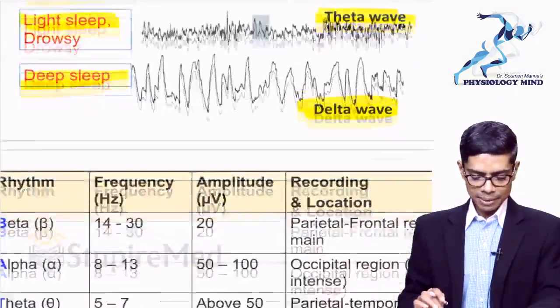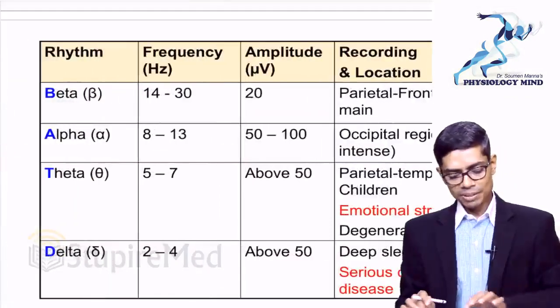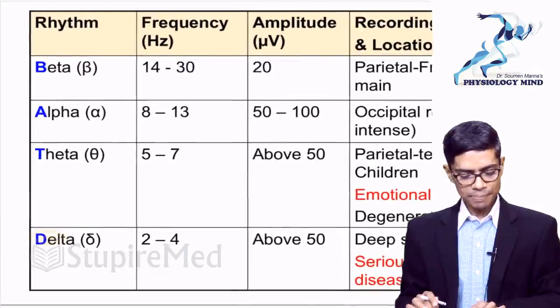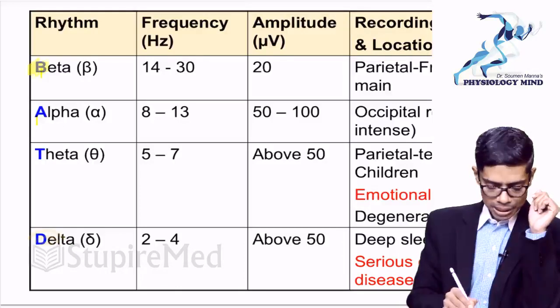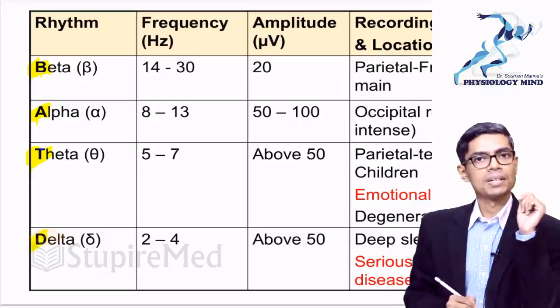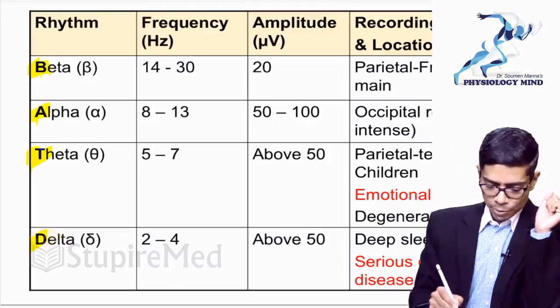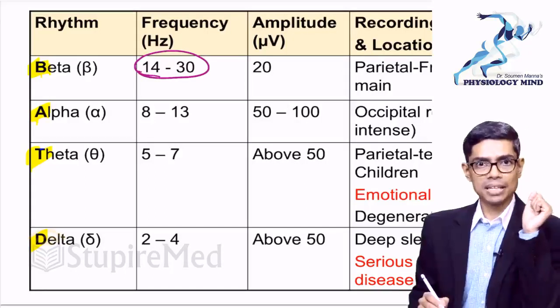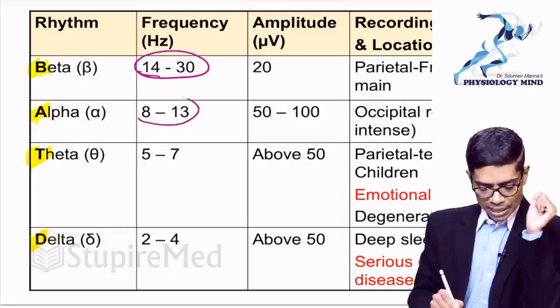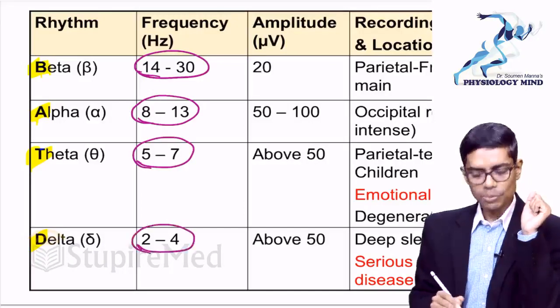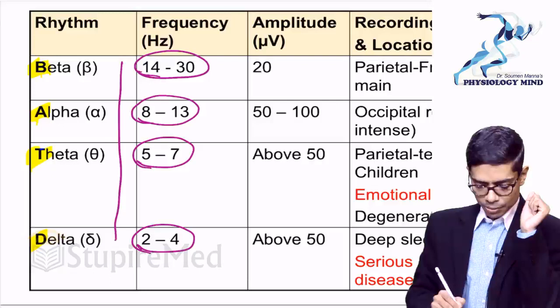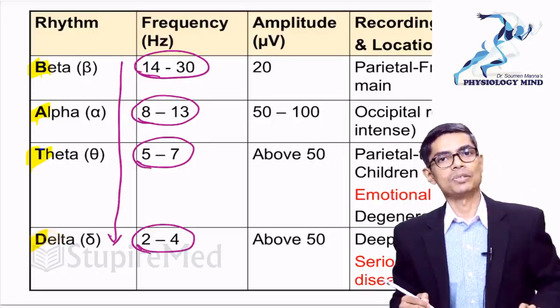Now look at this table to understand the different frequencies of these waves. Beta wave, BAT, I told you like this, BAT dance. Beta wave frequency 14 to 30 hertz. Alpha wave 8 to 13, theta 5 to 7, delta 2 to 4. So whenever you are moving from beta to delta, your frequency is going down.